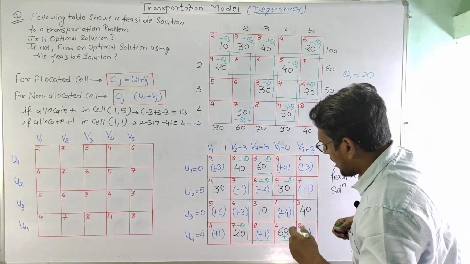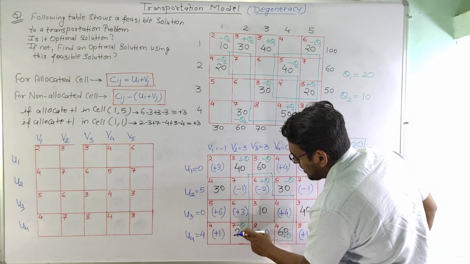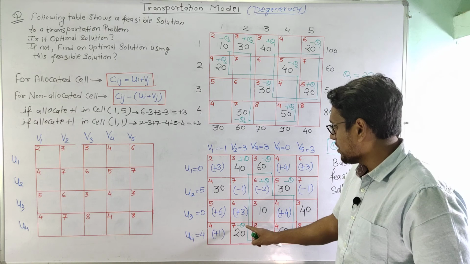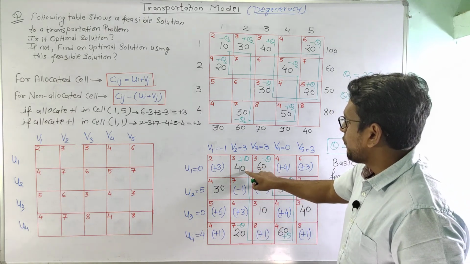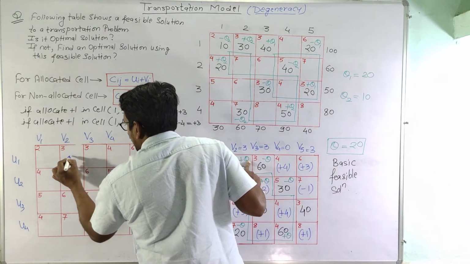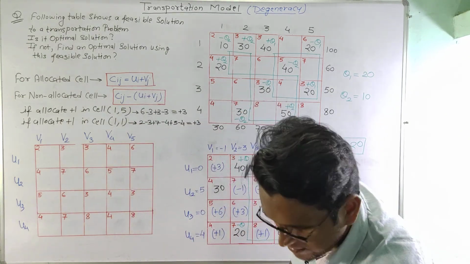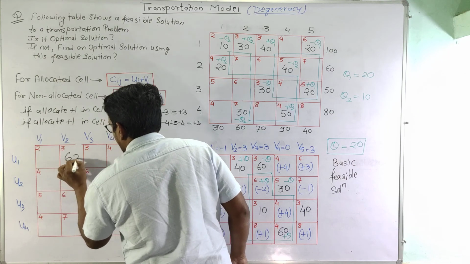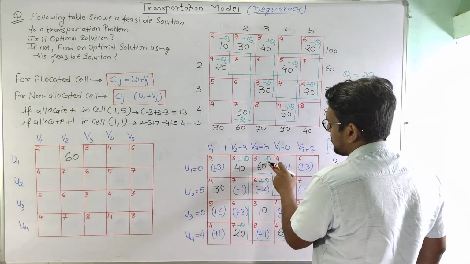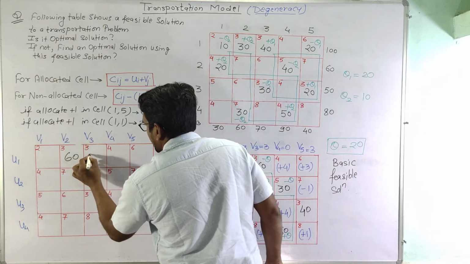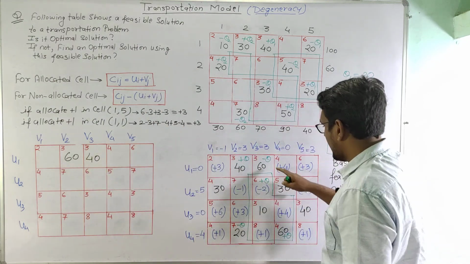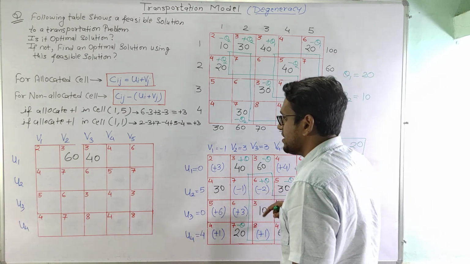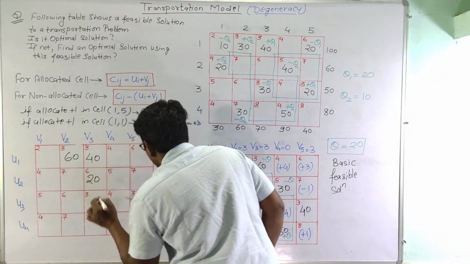and now we will see how our solution changes. So as we can see here, this will be 20 minus 20, that means there should be no allocation in this particular cell. This is 40 plus 20 is 60, so this will come as 60 here, and this is 60 minus 20 is 40, so this will become 40, and this is plus theta, that means this will be plus 20 here, plus 20 here.